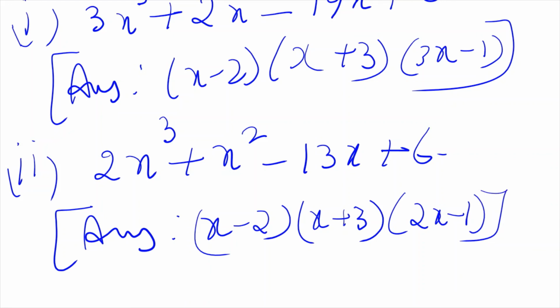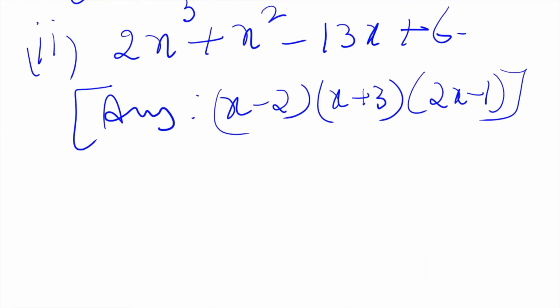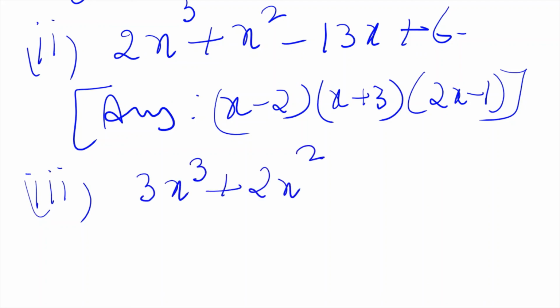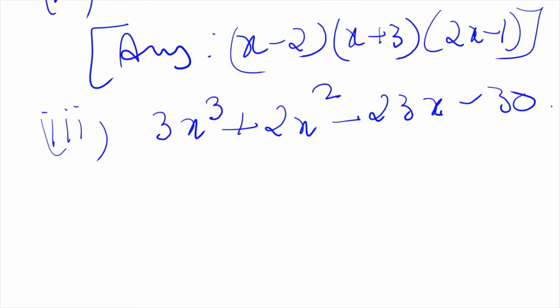Then the third question: 3x cube plus 2x square minus 23x minus 30. In all these you have to find the first factor by trial and error, then divide, and then factorize the quotient that you get.